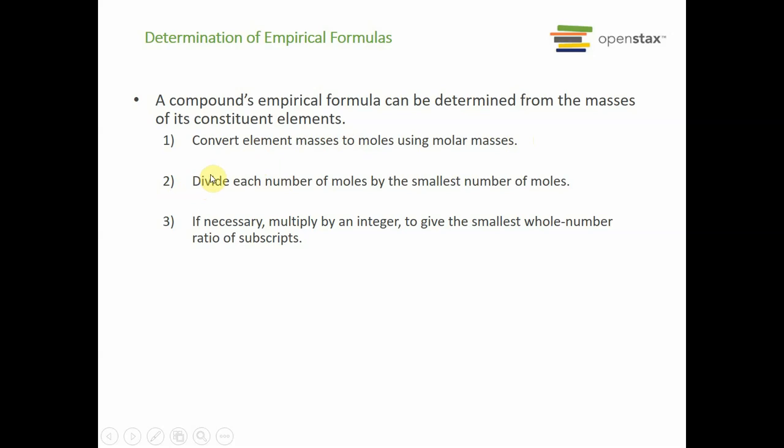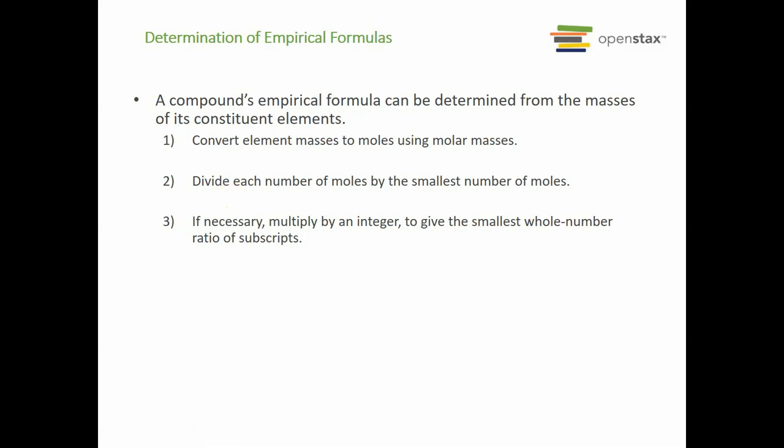So now you look at that list of X, Y, Z, whatever, and you determine which of those is the smallest number. And then you go ahead and you divide X and Y and all the subscripts by the lowest subscript.